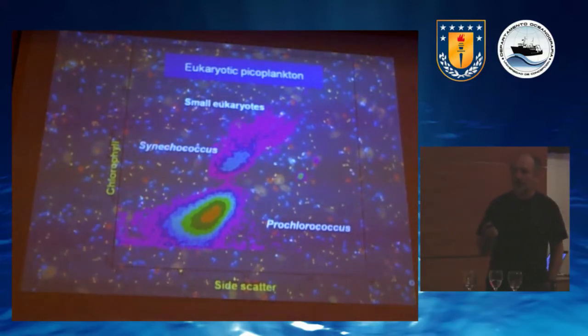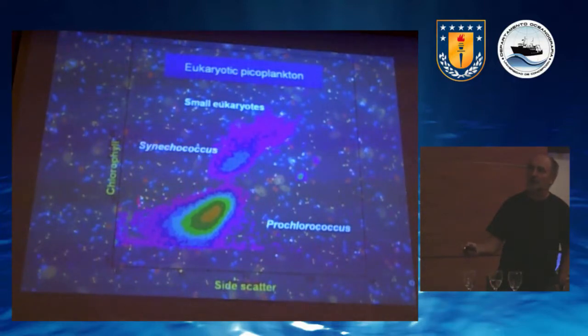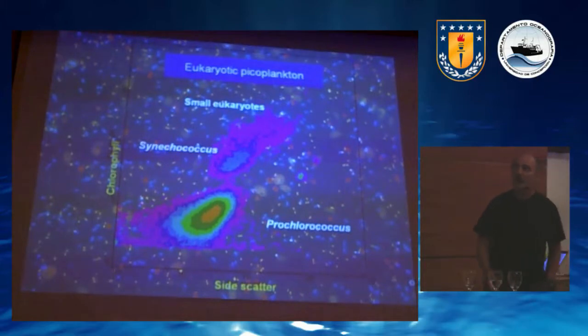If you look at the size of the cells, with side scatter as a proxy for size, versus chlorophyll, usually you see three populations in any sample from tropical waters, because in other waters Prochlorococcus will disappear. So there are very small cyanobacteria, Prochlorococcus at 0.6 micron, and Synechococcus at 1 micron, that Matt spoke about for their viruses, because he did his thesis on the viruses of Prochlorococcus. And then there is a small eukaryote population.